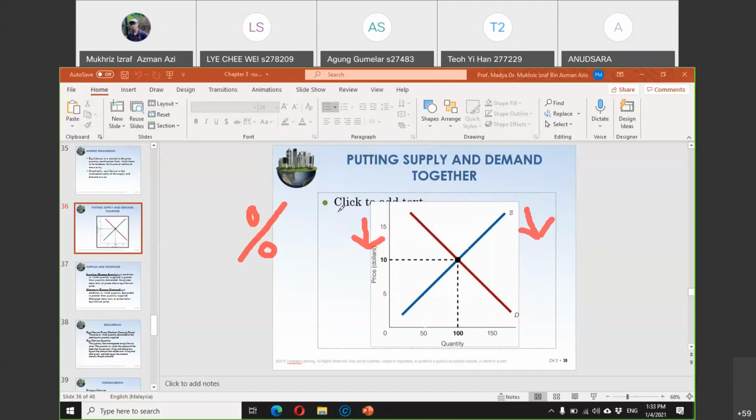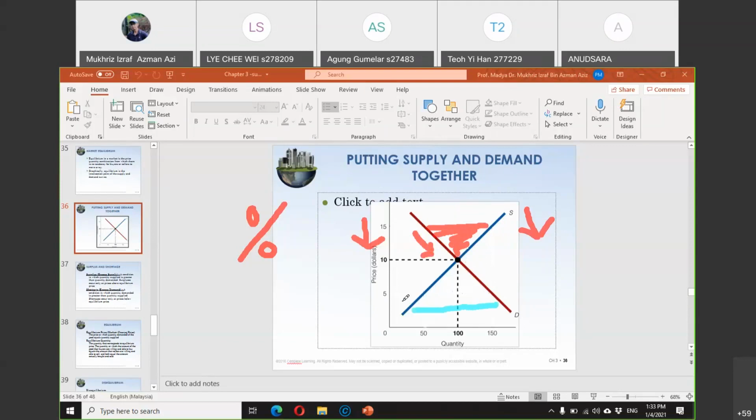So when the price is considered too high, or supply is higher than demand, the seller will start to reduce the price, so that when they sell lower, demand will start to increase, and this excess in supply will become smaller and smaller until there is no more excess in supply. The same thing applies to excess in demand.